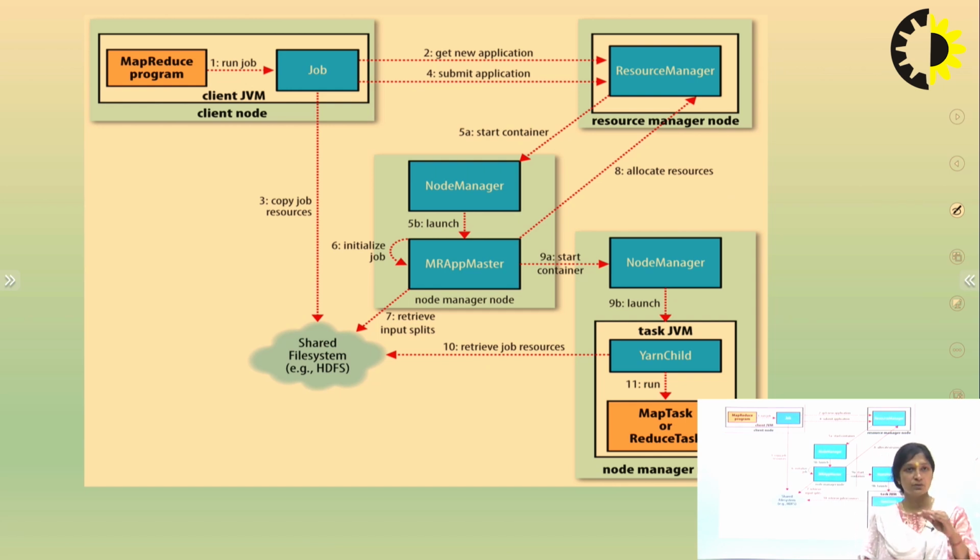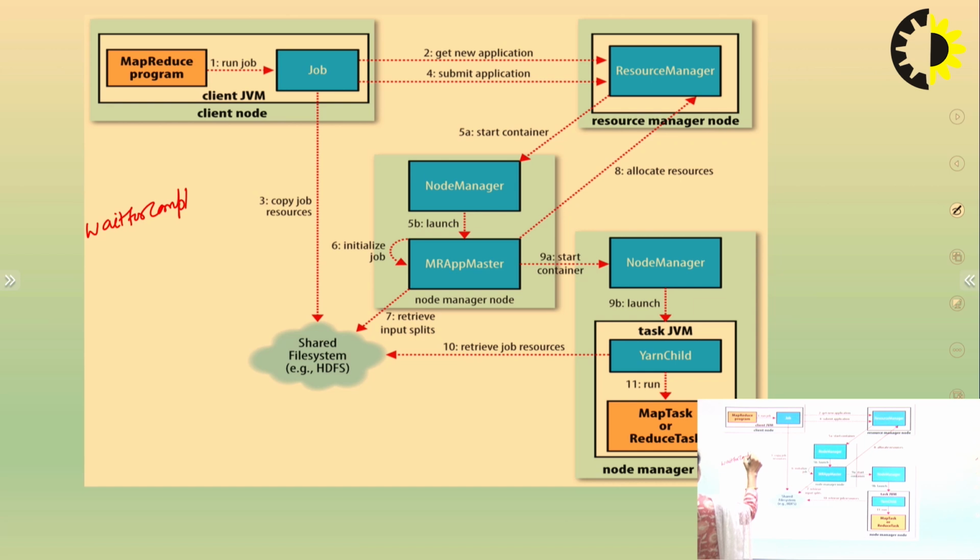To run the job, first of all, when we write the program in Python, in Java, or in any other language, in the last line we write the waitForCompletion function. When it executes the waitForCompletion function, this client JVM will trigger the job, and this will be connected with the resource manager.